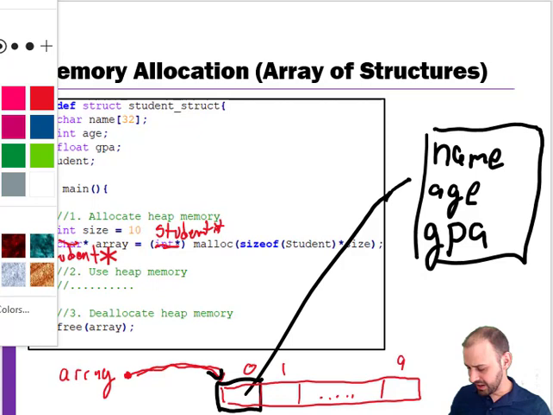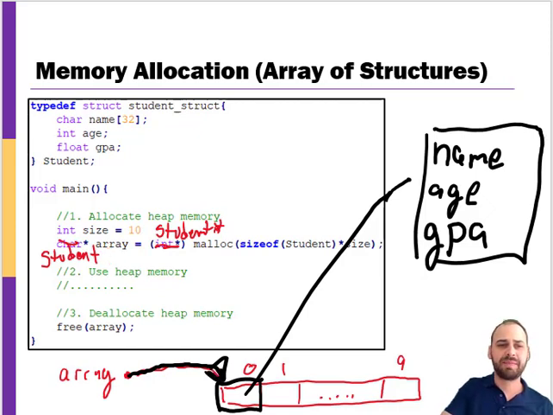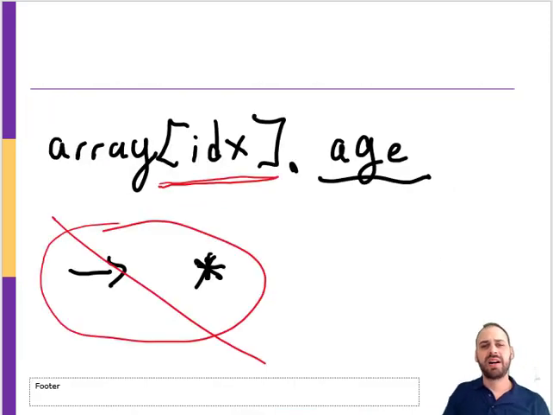So we've already done that walk by the nature of the square brackets. Okay? So for arrays of structures, we use the dot notation. We are not using the arrow or the dereference operators, because it's implied.